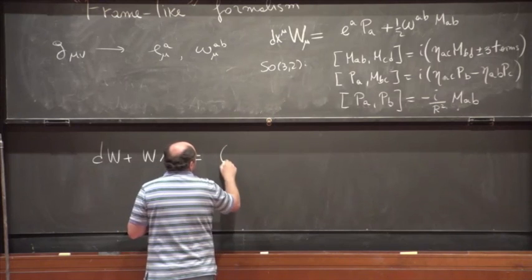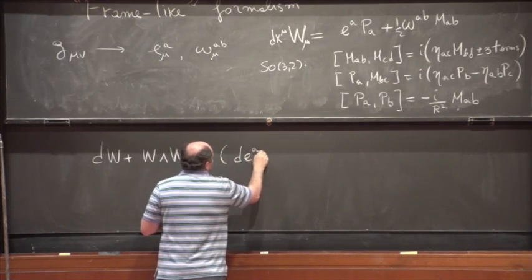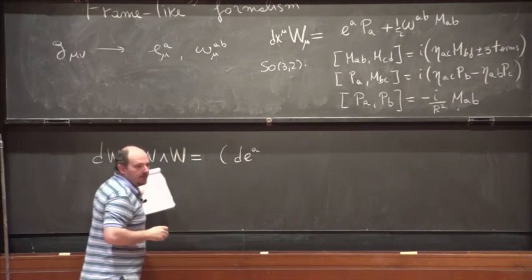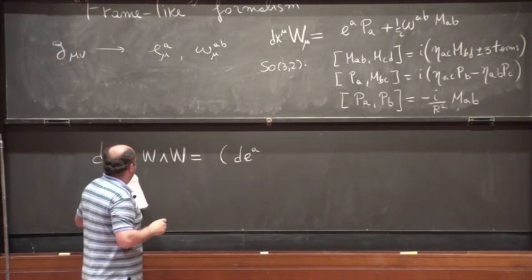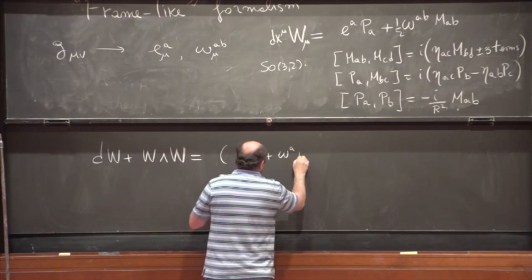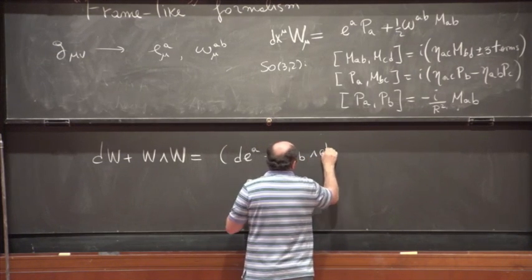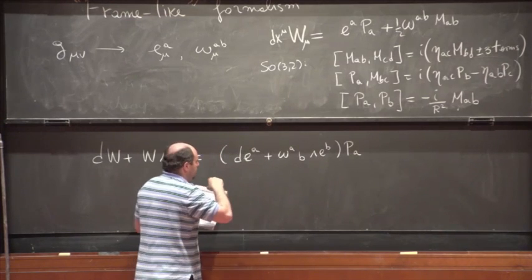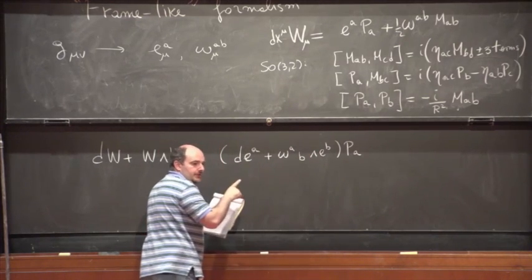This is a simple exercise that I leave to you: using that algebra and computing this curvature, you get a term proportional to the P generators, which is nothing but the torsion.